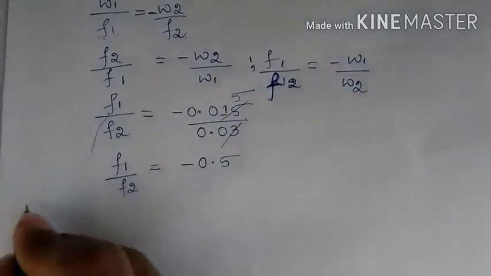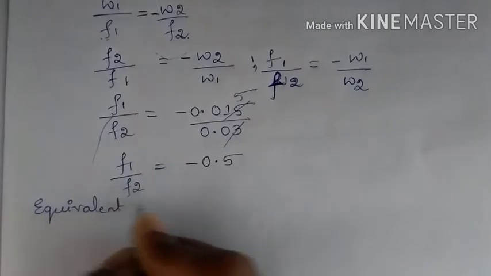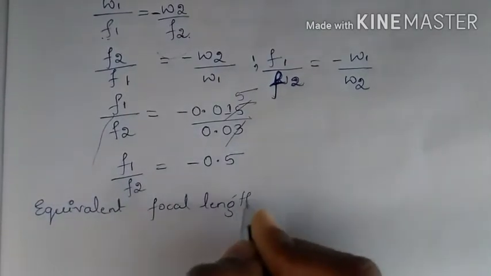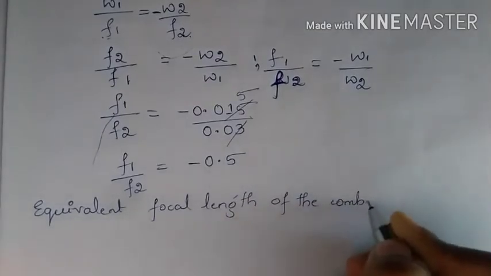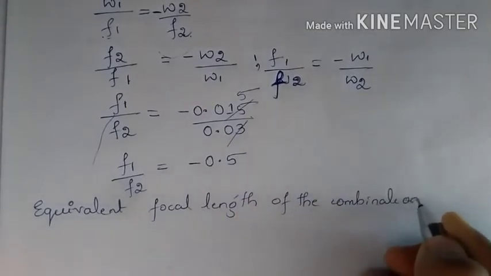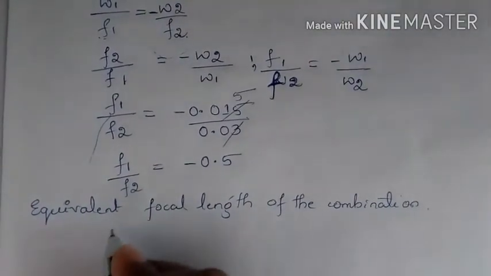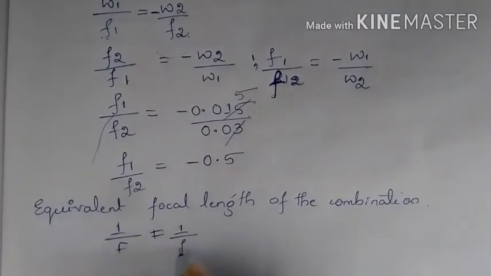Now next is the equivalent focal length of the combination. For two thin lenses which are kept in contact, the equivalent focal length is given by 1 by F is equal to 1 by F1 plus 1 by F2.